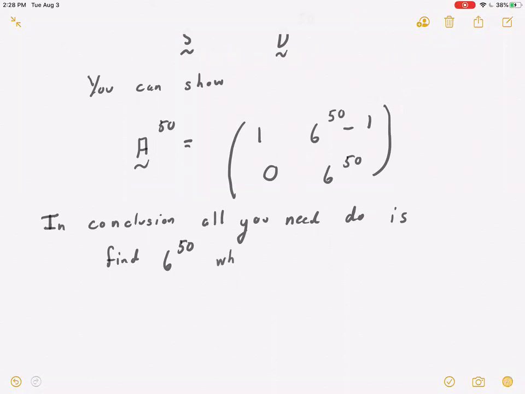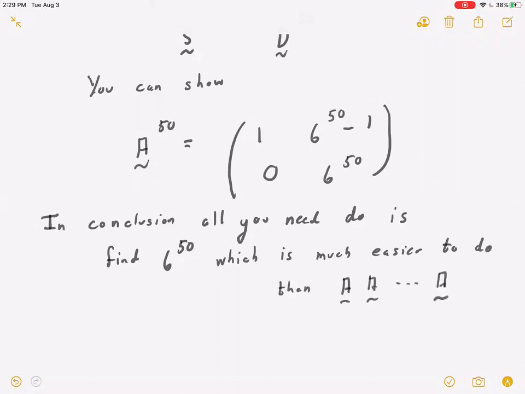I mean, that's going to take a while, but you can do it. You could also do it on a computer or calculator. But it's going to be, at the end of the day, much easier to do, even on a computer, than to multiply A by itself 50 times.